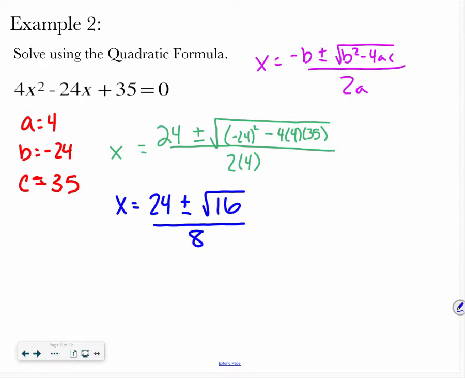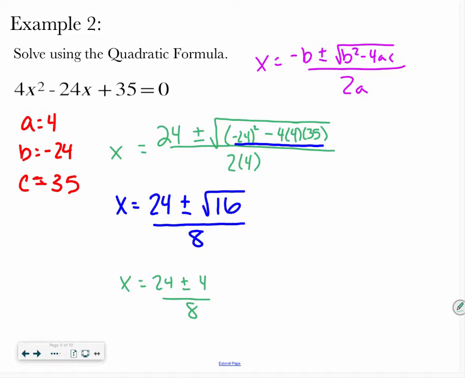If you're not getting the same answers as me for the inside of the square root, talk to me because you might be plugging it into the calculator incorrectly. You have to be very careful when you use those parentheses, okay? Parentheses are going to be super important for the quadratic formula. All right, so now I have x equals 24 plus or minus, the square root of 16 is just 4, divided by 8.